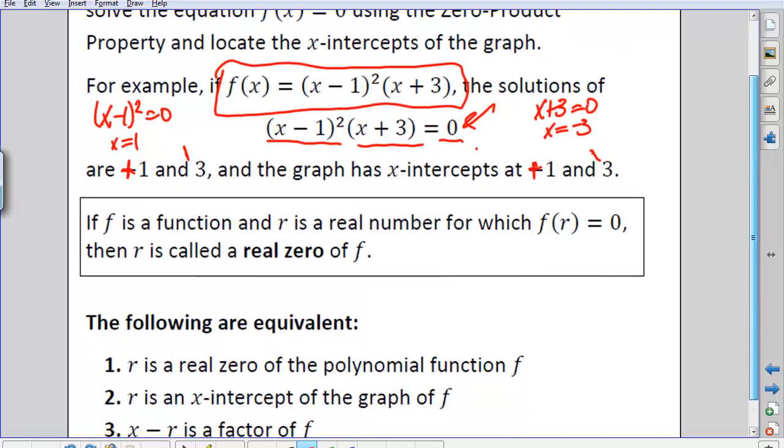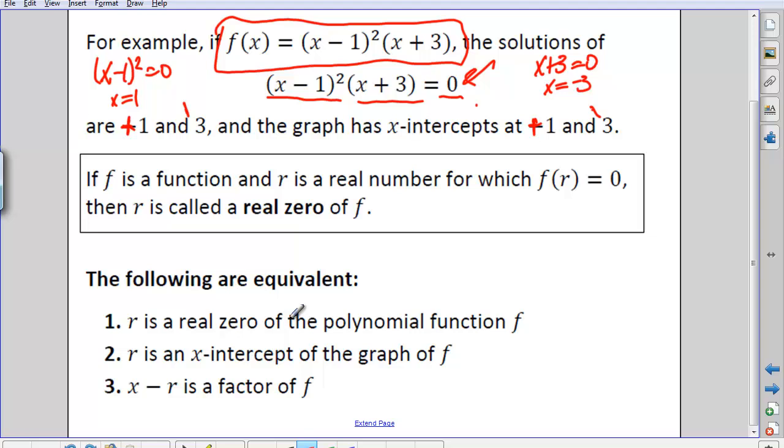Okay. And then this down here is basically the same thing we said earlier. If r is a 0 of the polynomial, then r is also an x-intercept. So up here, 1 and -3, since those are both zeros, are also both x-intercepts. We would see the graph touching or crossing the x-axis at 1 and at -3. We could also say that x minus r is a factor of f.